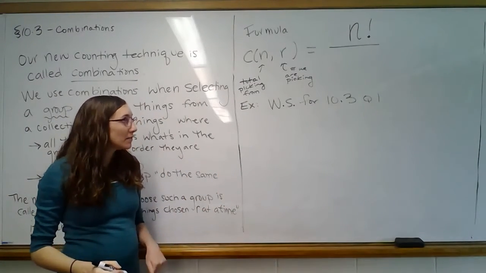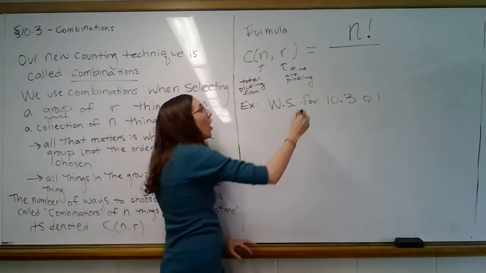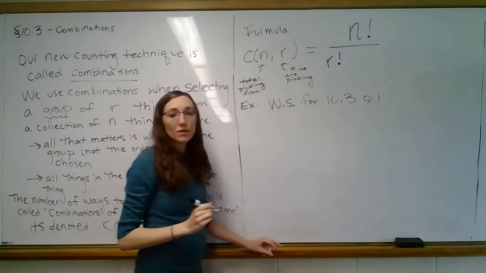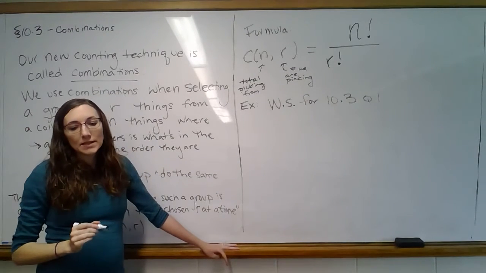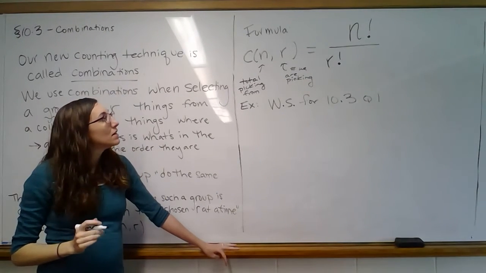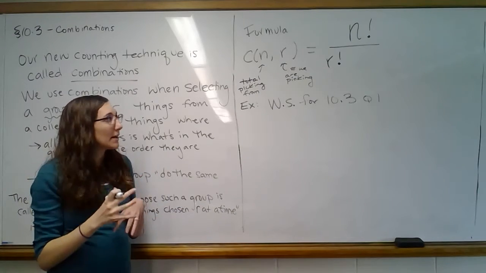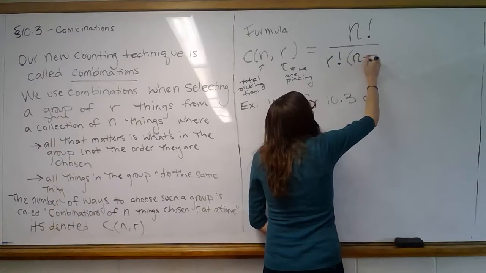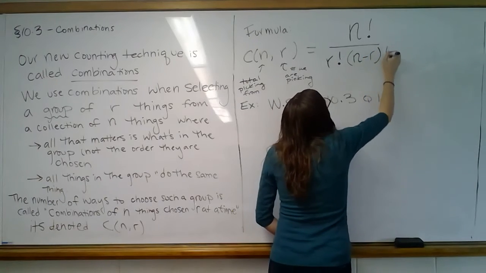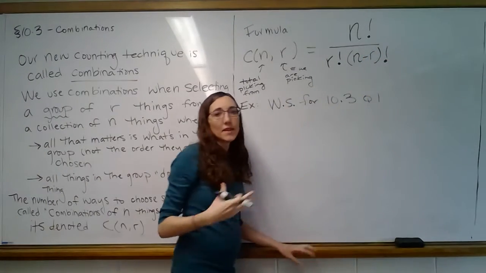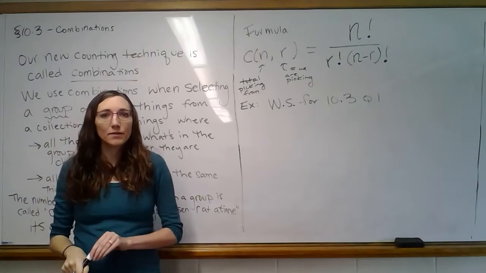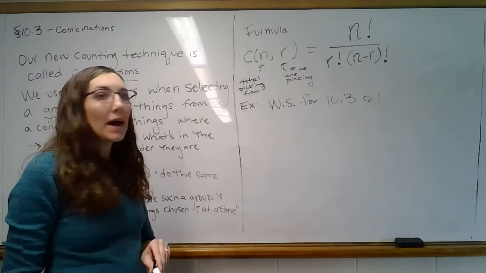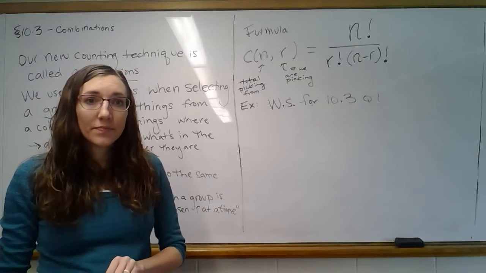And in the bottom then, we're going to have R factorial, which R, remember, is the size of the group that we're picking. And then that's going to be times the quantity N minus R, and then whatever that number is, factorial. So R factorial, and then times N minus R factorial.